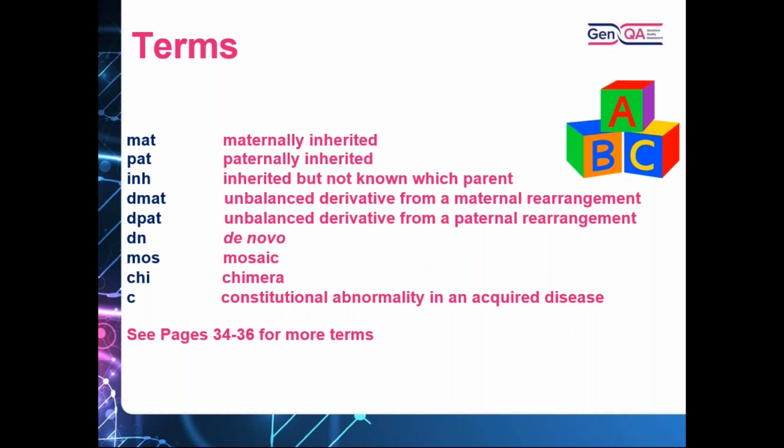We have a new term, which is DMAT and DPAT, which is an unbalanced derivative from a maternal rearrangement or an unbalanced derivative from a paternal rearrangement. DN stays the same as de novo. You've got mosaic and chimera terms, and C for a constitutional abnormality in an acquired disease, but we won't be discussing that today.